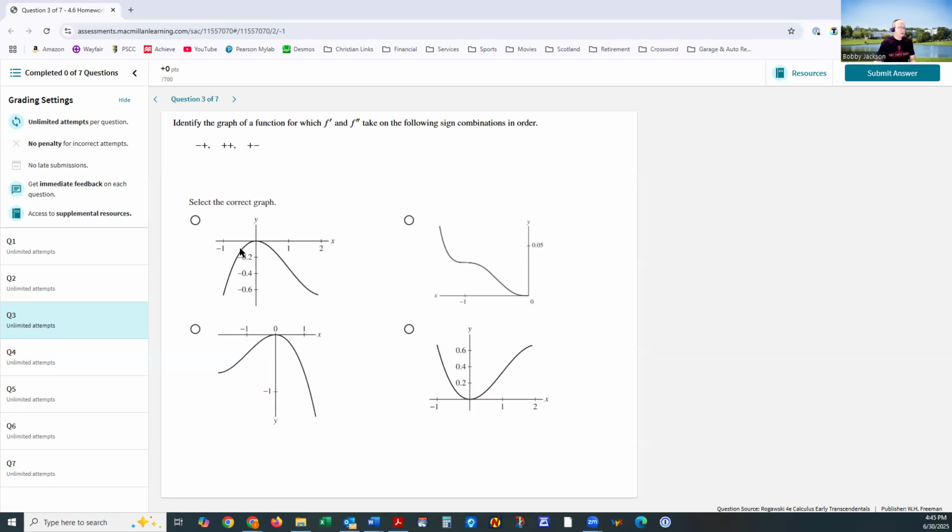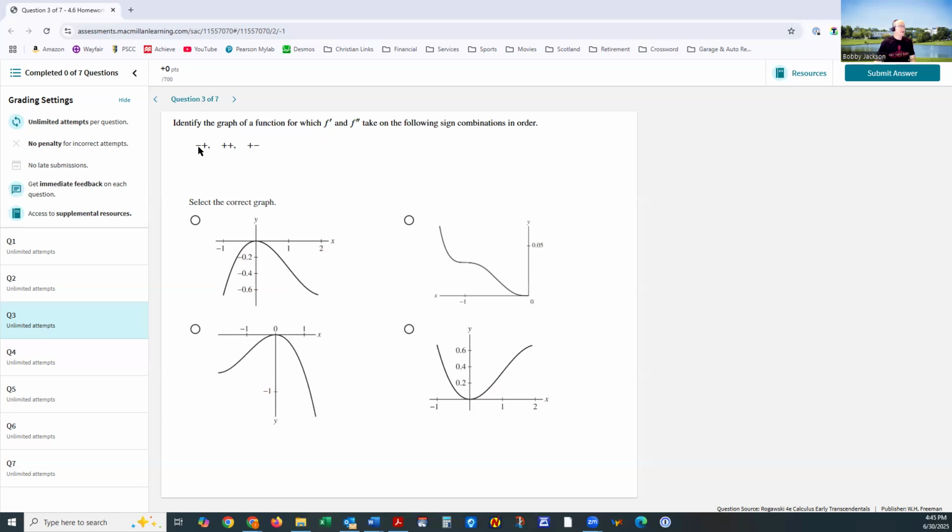Because the function's initially increasing and then decreasing, it's got to have a positive first derivative to start with. So that won't work. Same thing with the bottom left one here. It's increasing as well initially and then decreasing. So this minus plus combination can't work. These two functions on the right here are both decreasing initially, so maybe they are our two candidates right now.